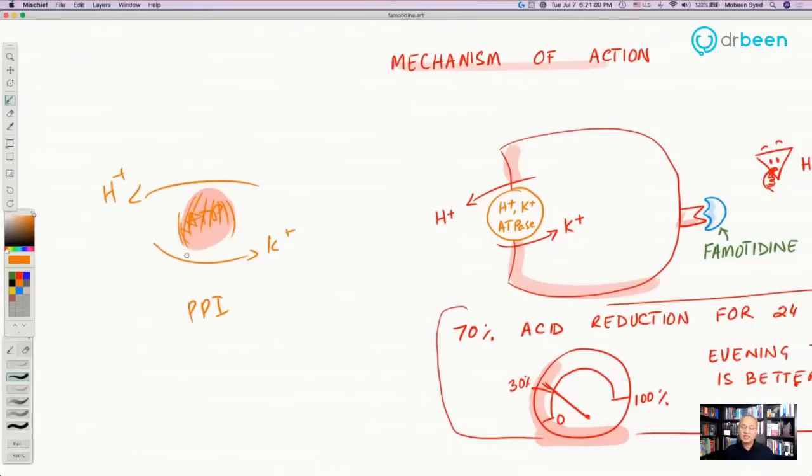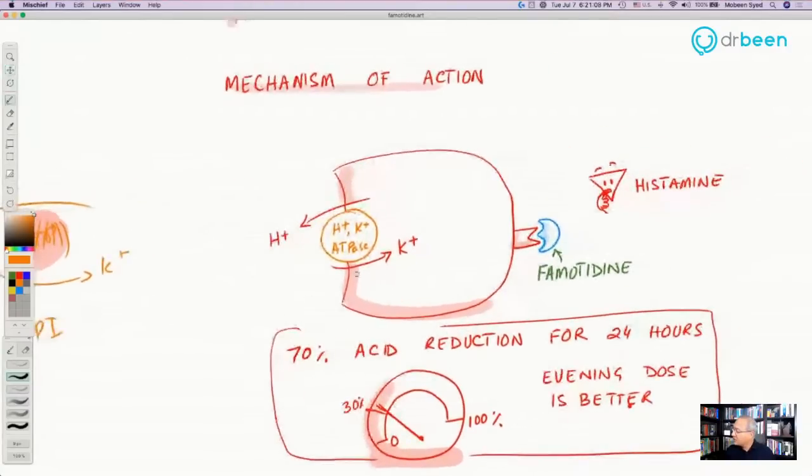Now, does this mean that this pump is gone and we cannot make more acid? No, we keep manufacturing new pumps all the time. We manufacture them, we store them in the cell, and whenever we need them, we can release them and they can go and get attached in the cell membrane. So although any pump on which they act becomes disabled forever, that pump is recycled very soon and it is removed and a new pump comes in.